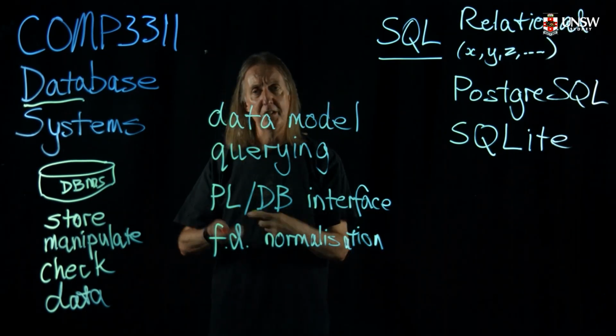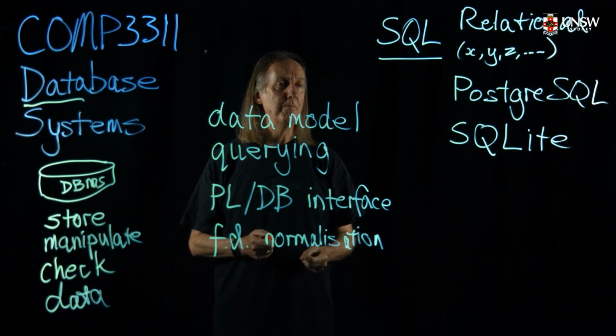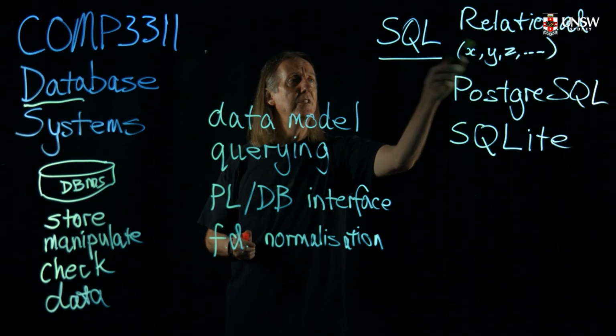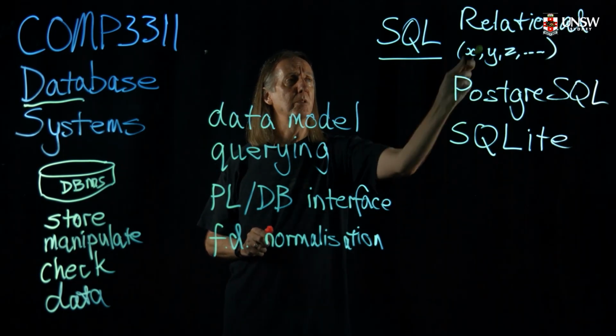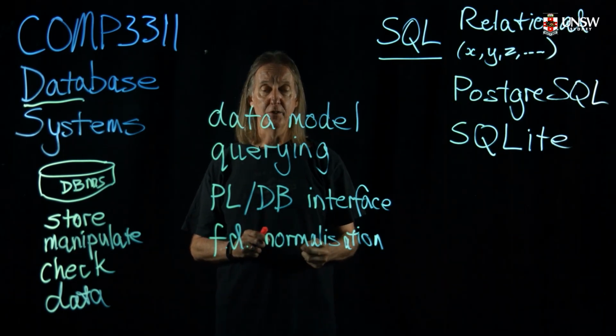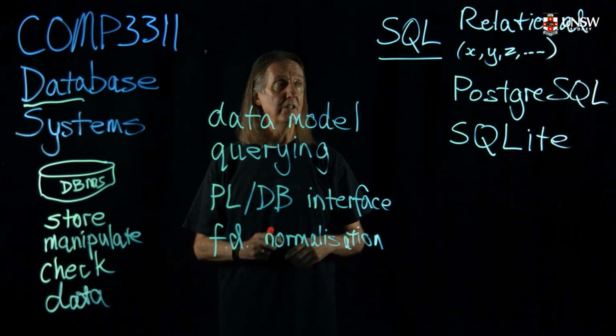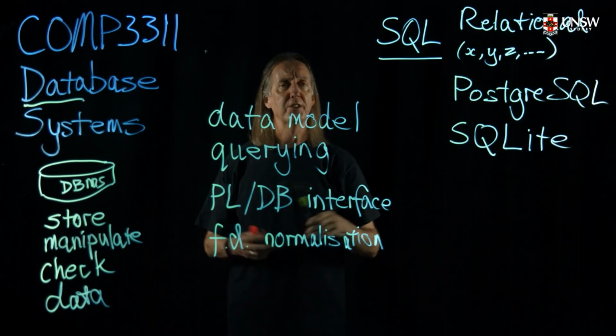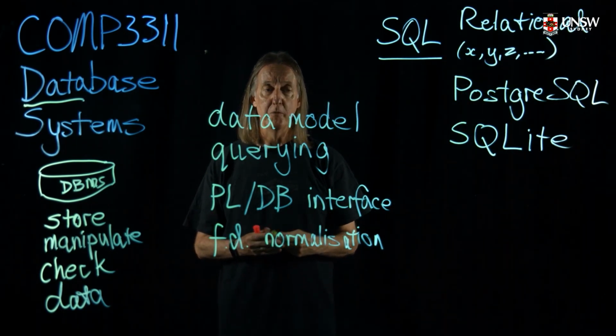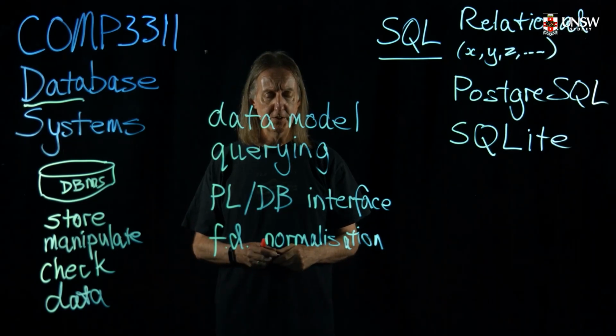And there's a lot of work that goes on in the background to make that mapping work efficiently, but there's a relatively short distance between SQL and the relational model. And it's quite interesting that such a simple model, just collections of tuples, works so well in so many contexts.